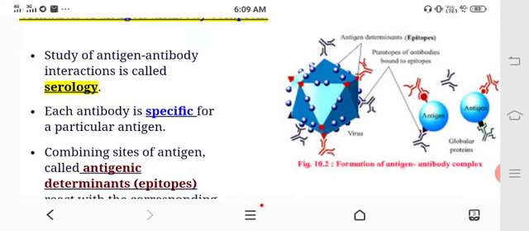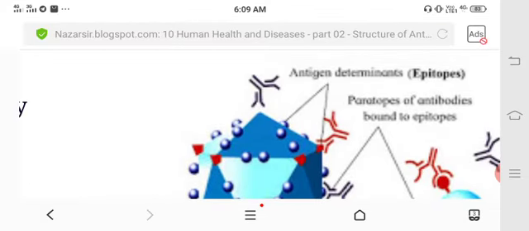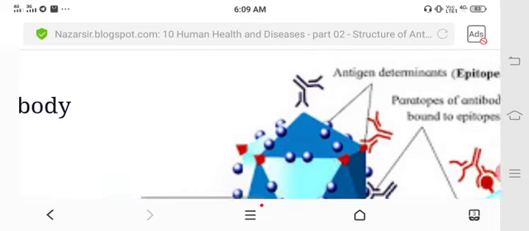Each antibody is specific for a particular antigen. The combining site of these antigens is called the antigenic determinant, and it is also called the epitope.